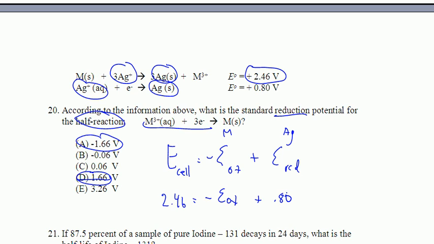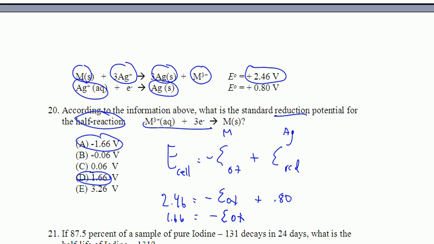Okay, so watch this. Here we go. So now we know that in this problem, M is being oxidized to M3 plus. So when we solve for that, we get 1.66 is equal to negative E ox.